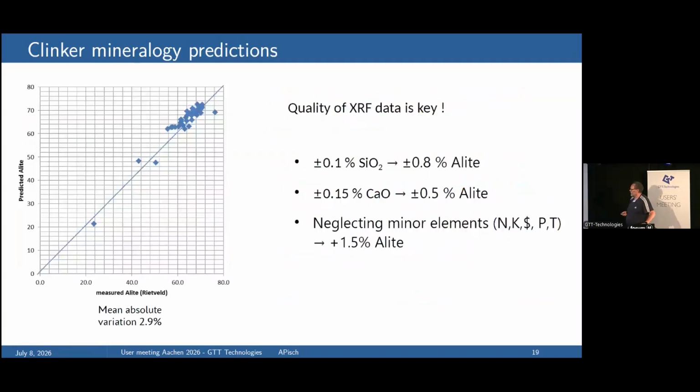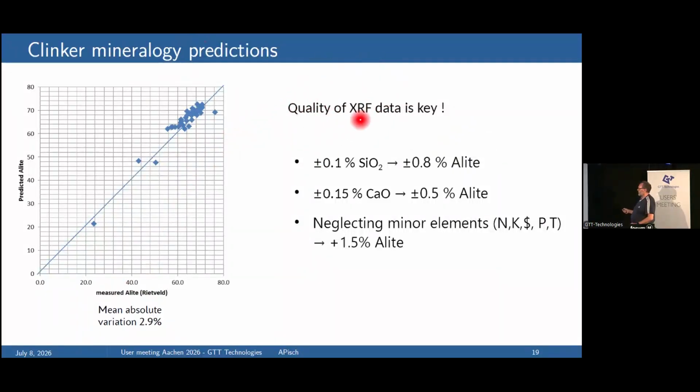Okay. First comparison is alite, so the tricalcium silicate measured versus calculated, and you see that they're all pretty close to the line. And the mean absolute variation is 2.9%, which is close to the experimental uncertainty of the Rietveld method. One key point here is the quality of the XRF data.